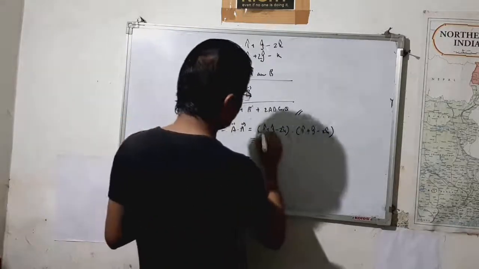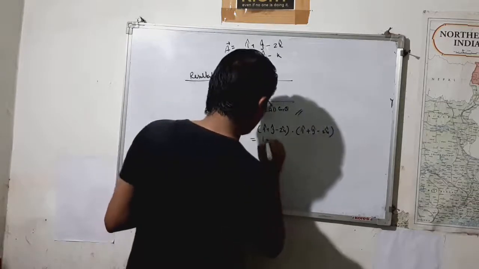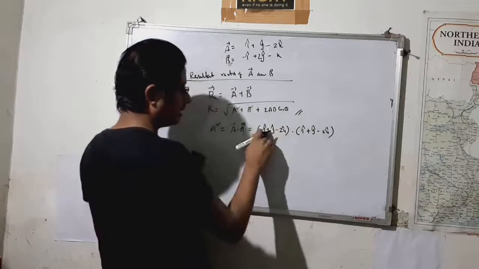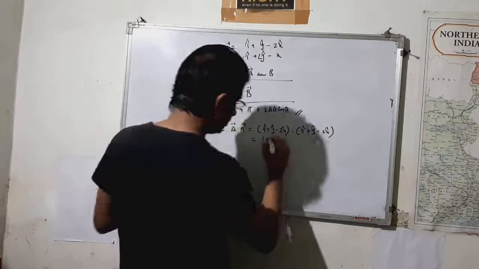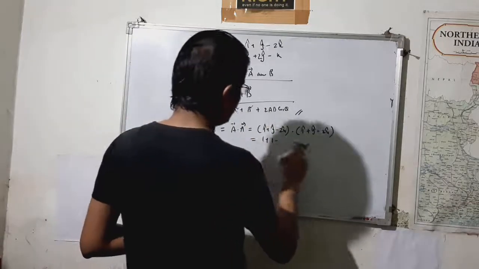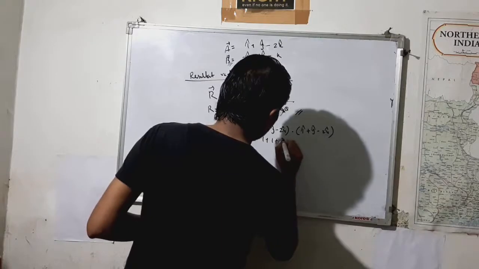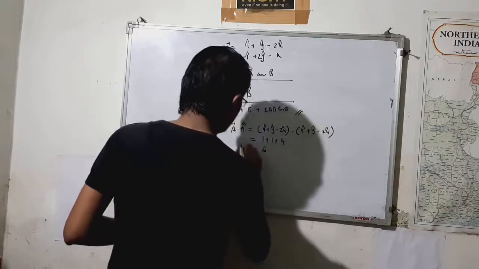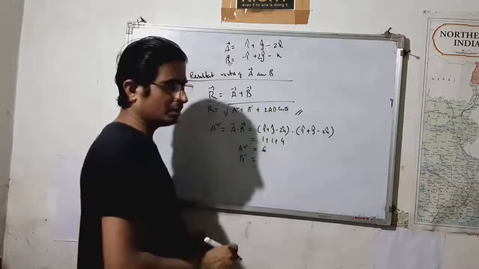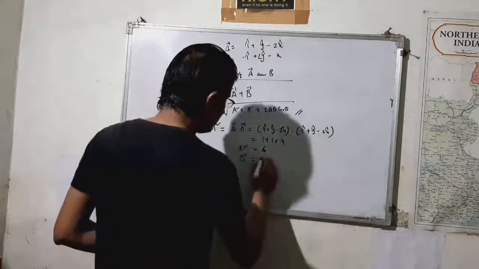So a square, that is ax square, is 1 into 1, the y component is 1 and also 1, and this is minus 2, this is minus 2, so 2 into 2 is 4. So this is 6, so a square equals 6. Similarly, I have already calculated these things in my first numerical, so b square is also 6.